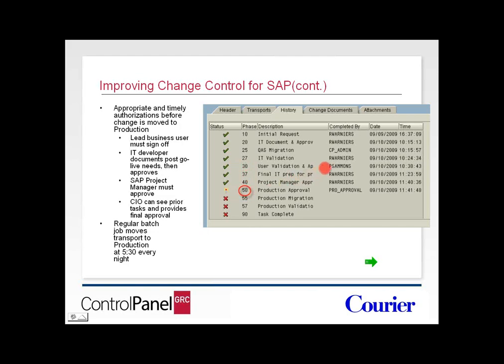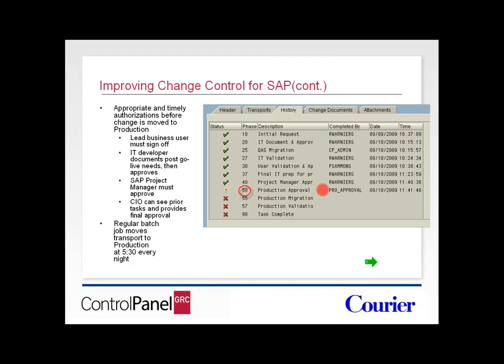In each case, it tells us who was the person that did the sign-off, and in this case, it's sitting in the approval email bucket for the CIO to approve. Once he signs off on it, his name would actually go here instead of the user group.